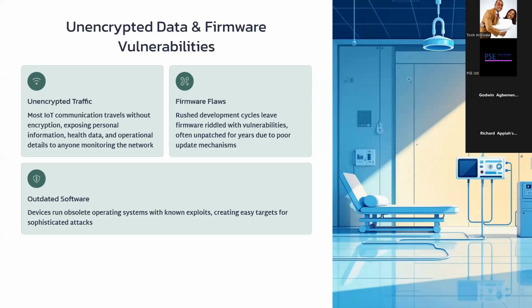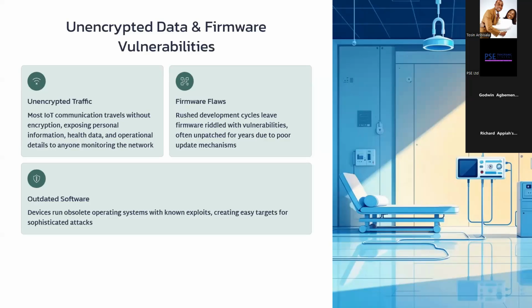So we also have firmware flaws, where rushed development cycles leave firmware riddled with vulnerabilities, often unpatched for years due to poor update mechanisms. So the firmware that we are working on, or have our systems running on, is mostly or usually not patched. Then also we have some form of rushed development cycle.